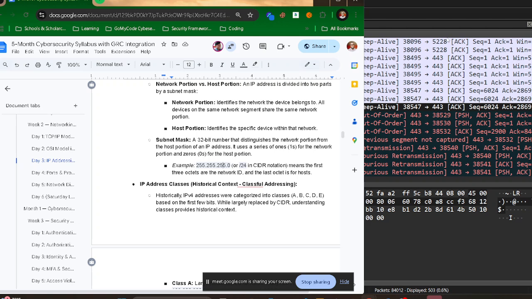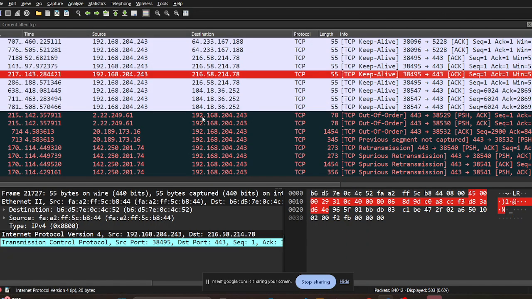Like you were asking me the other time, how would you recognize which one is the host portion and which one is the network portion? No, that was not what I asked though. I know how to differentiate. You said the first two are network and the last two are for the host.